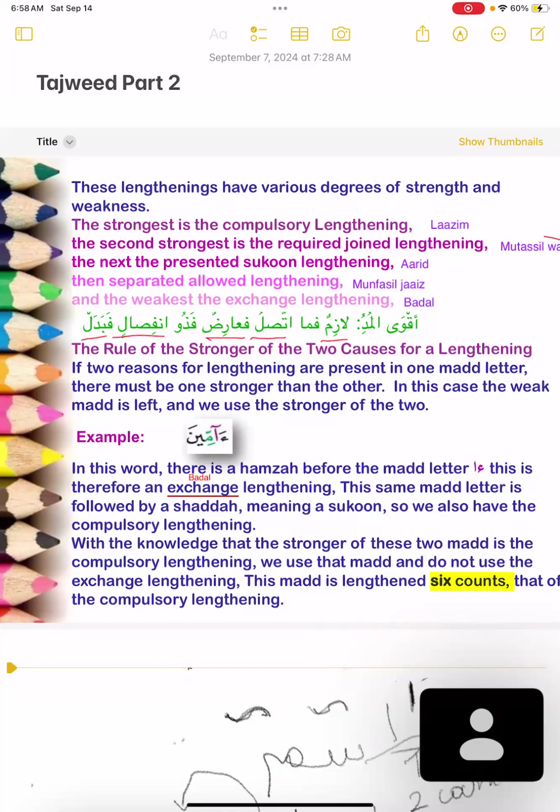Now look at the word over here. Amina, right? Amina is here. If you look at the word here, the first thing you see is a hamza. The hamza is followed by a mad alif. So what comes to your mind? Any hamza that is followed by a mad letter is mad badal.